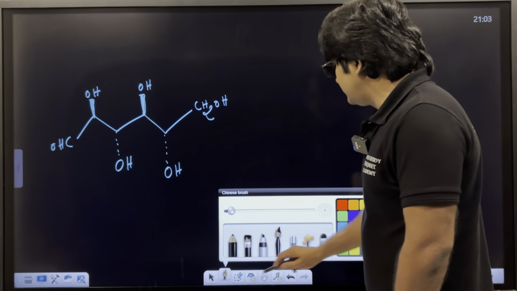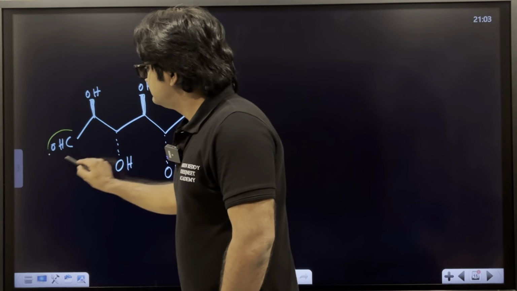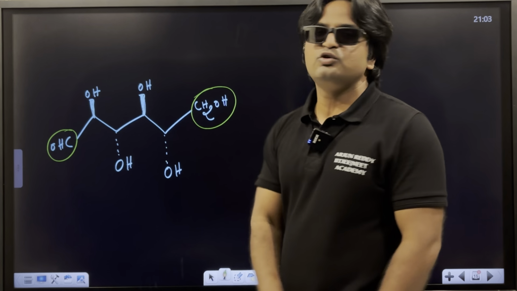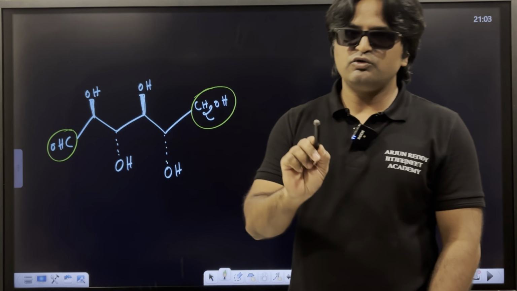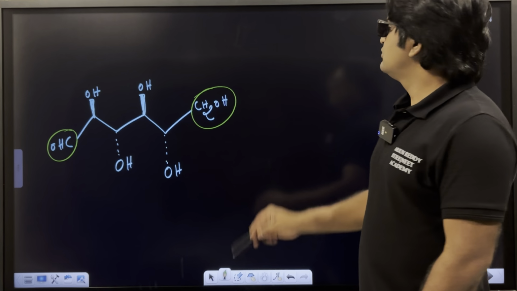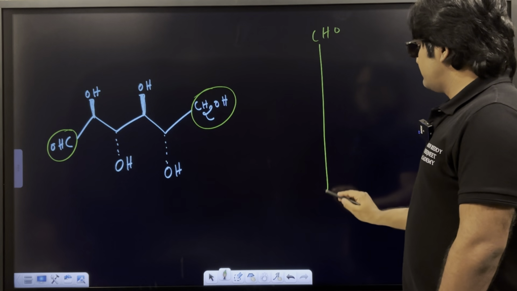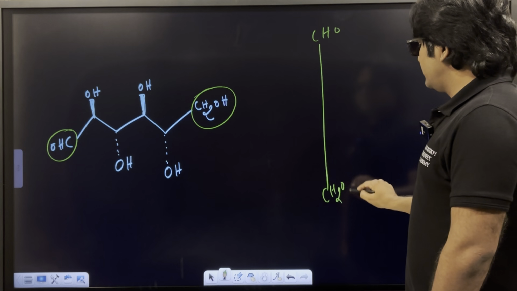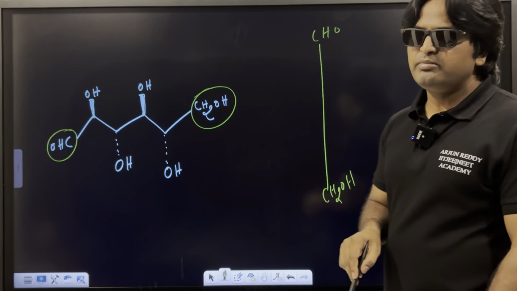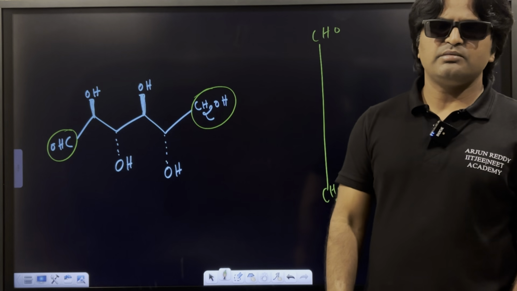Directly, if you want to write in the golden Fisher form, how to convert? First of all, here extremely left and right side groups are there. First, you look at the extremely left and right side groups, CHO and CH2OH. So what I am going to take here, CHO at the top position, CH2OH at the bottom position. I want to keep the more oxidizable group at the top position and the remaining at the bottom.